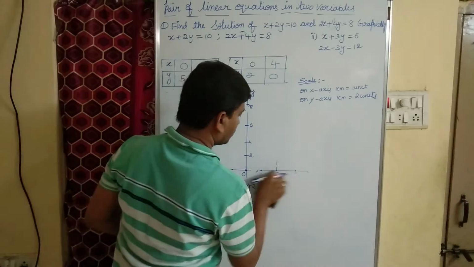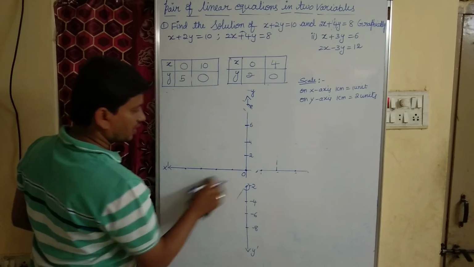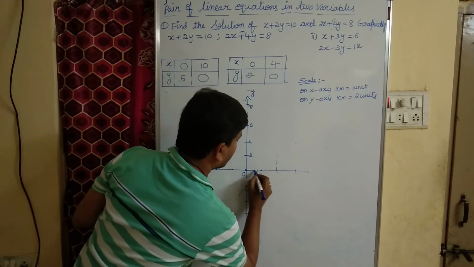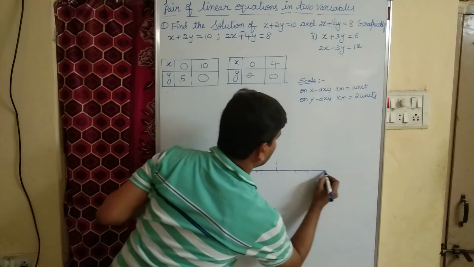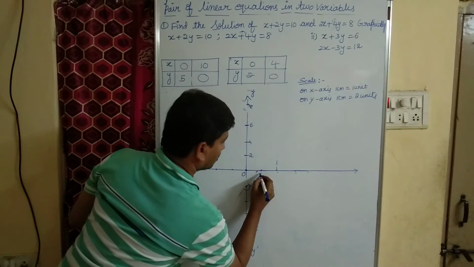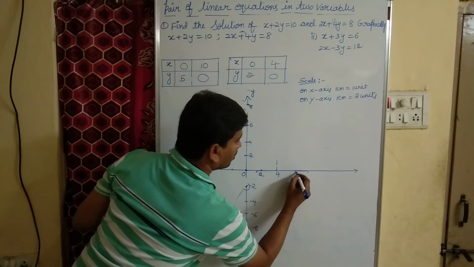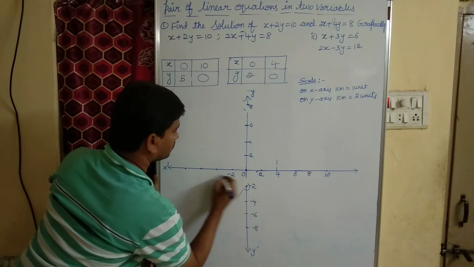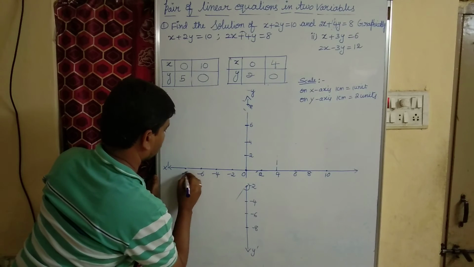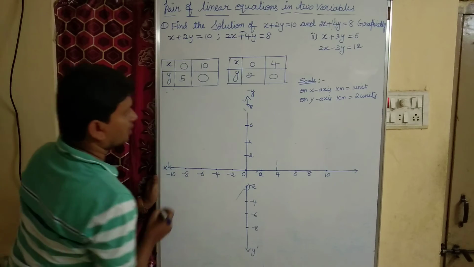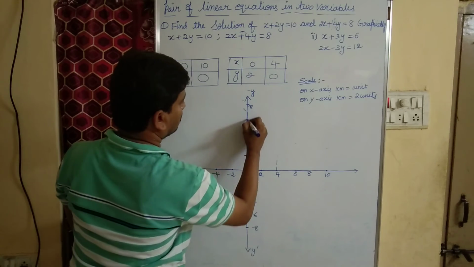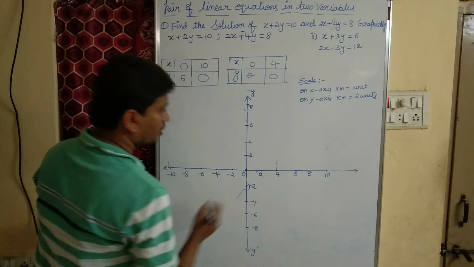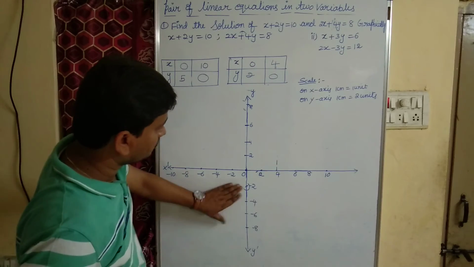So what we will do in this problem, on the x-axis we will take 1 centimeter equal to 2 units, as well as on the y-axis, let us take 2 units, right?